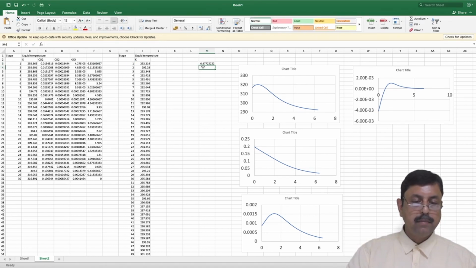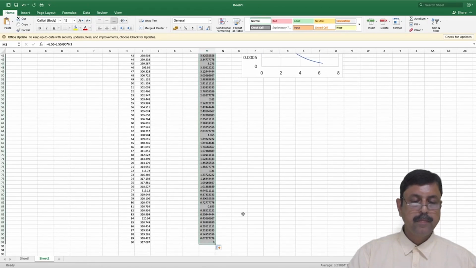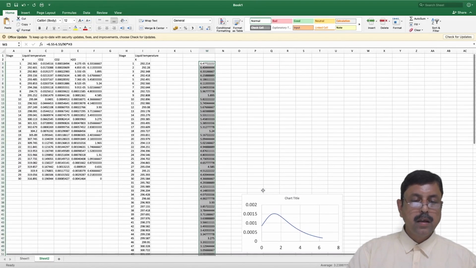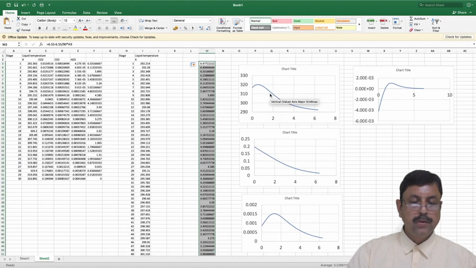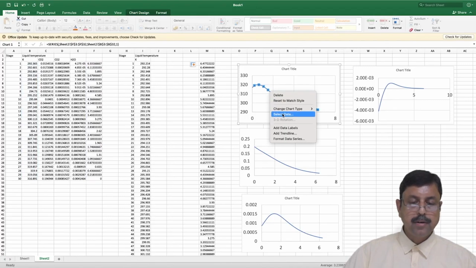All others will remain the same. So we shall add one more plot over here.